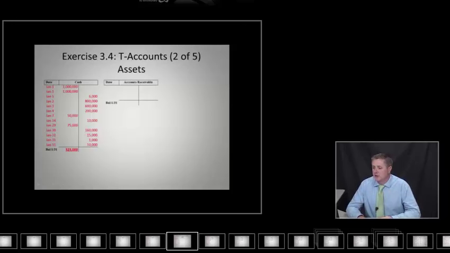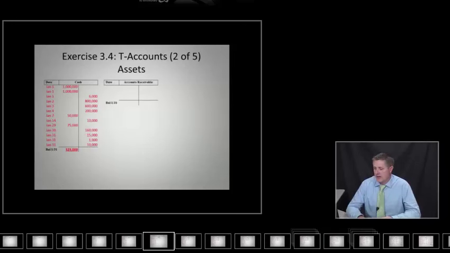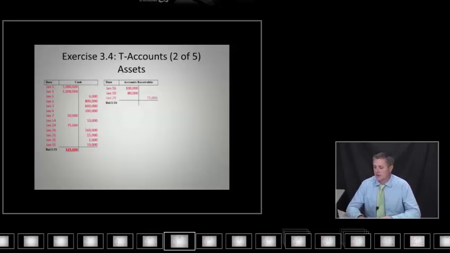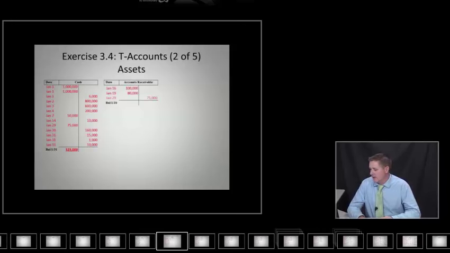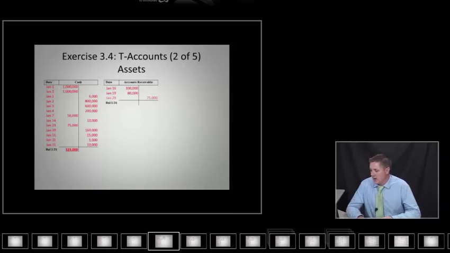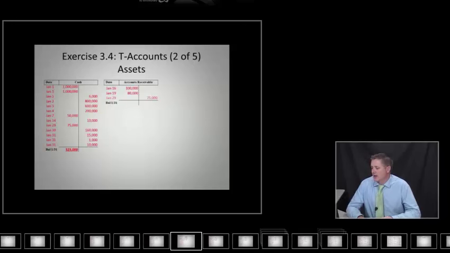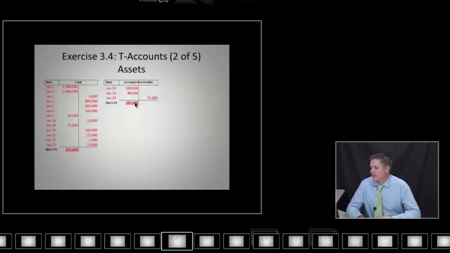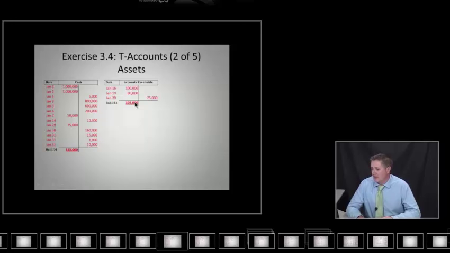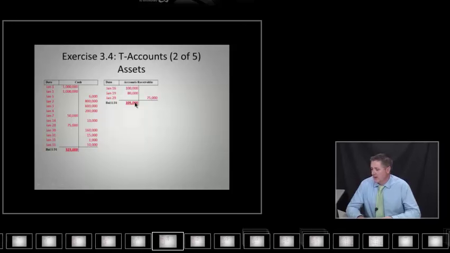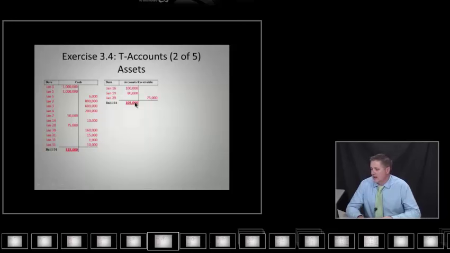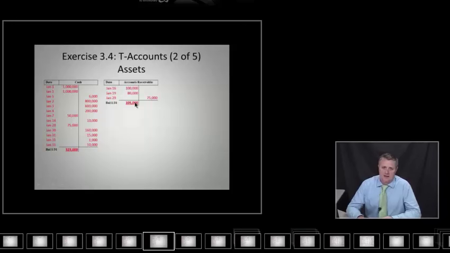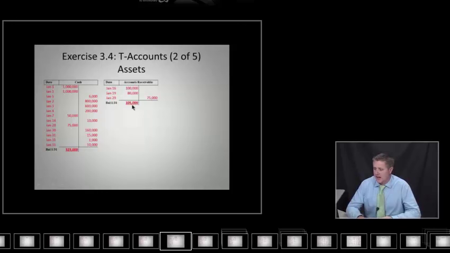Okay? So that's the process that you would go through to create a T account. You would simply do this for every other account. So we can do this for accounts receivable. Notice in this case we have some debits, some credits. The aggregate balance is reflected here. So if we took $100,000 plus 80, subtracted 75,000, that would leave us with a balance of 105,000 in accounts receivable.